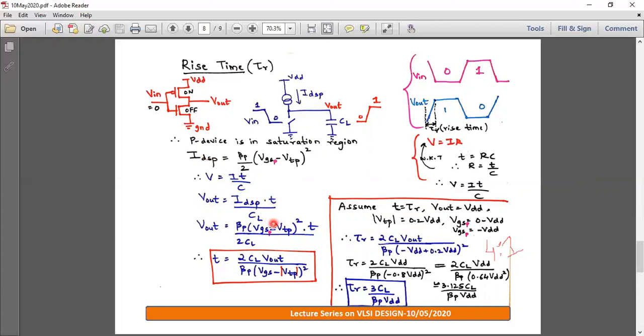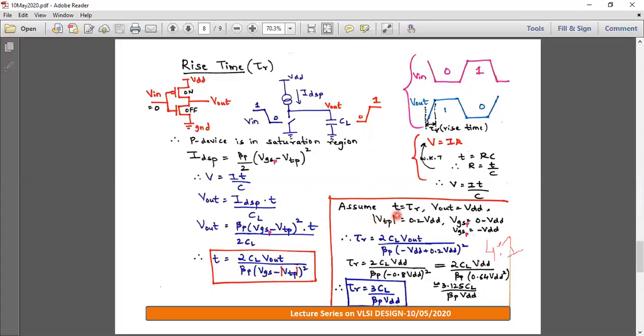So substituting IDSP, we get this expression and equate it to T. So T equals 2CL V out divided by beta P into (VGS minus VTP) square.